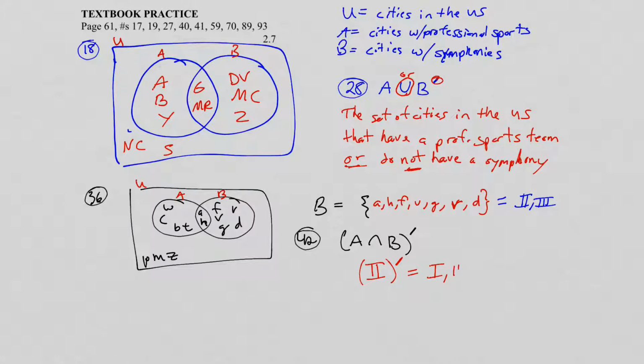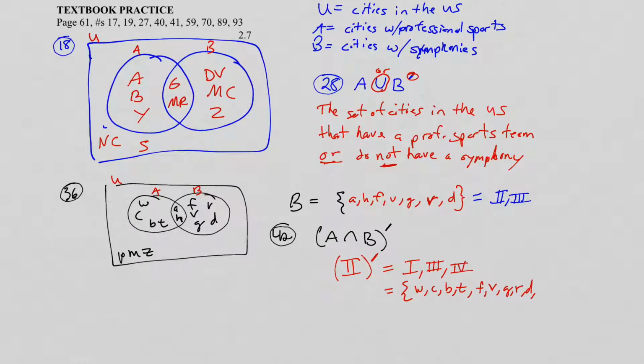Region 1, 3, and 4, which would be region 1: W, C, B, T. Region 3: F, V, G, R, D. And region 4, which is outside, is P, M, and Z. Okay, so that is number 36.